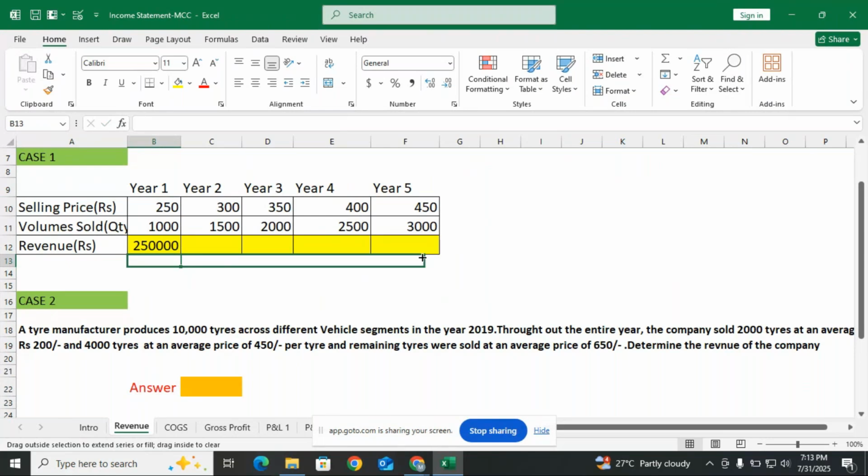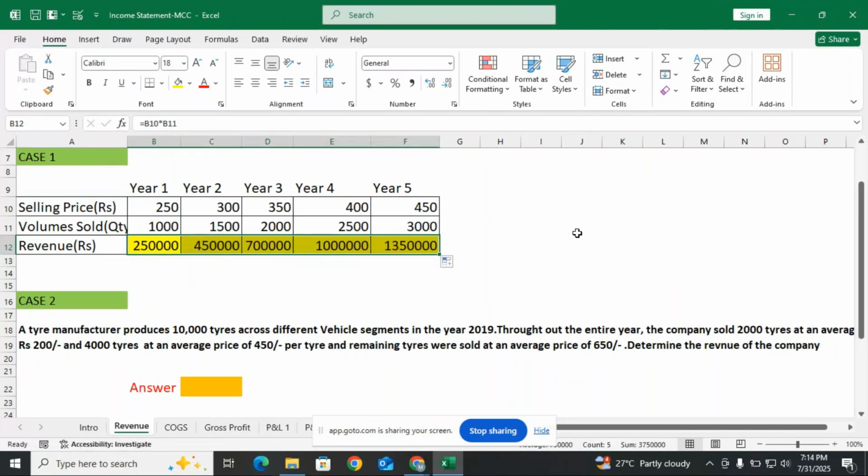Again, if you apply for all the years, this is the amount you're going to get. So please complete case 1. Please cross check the answers after you arrive at them.